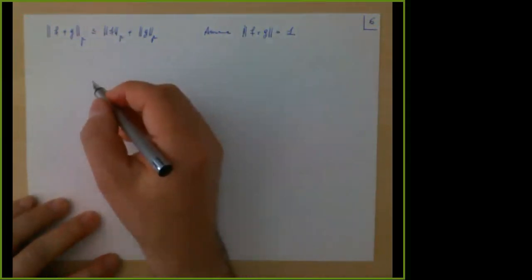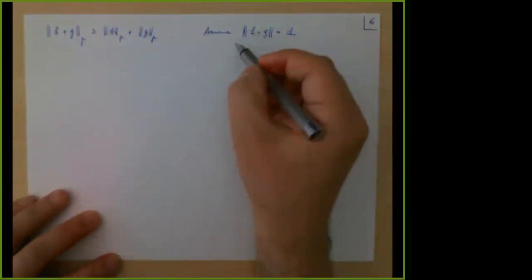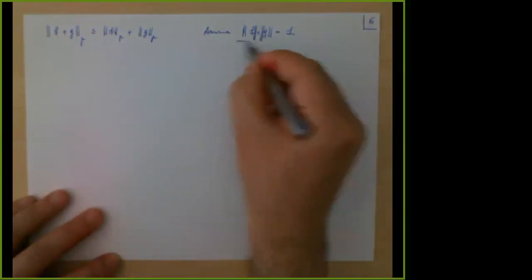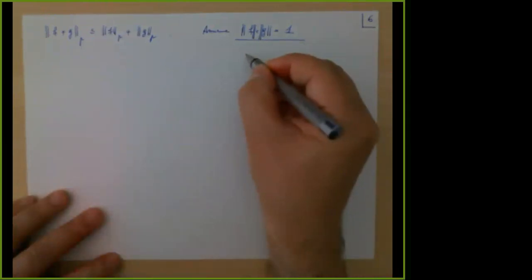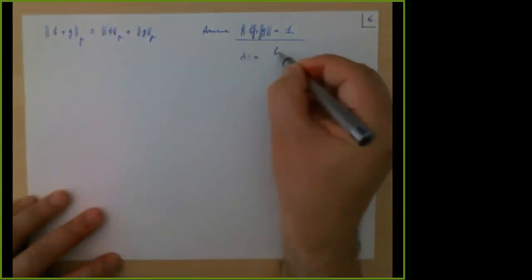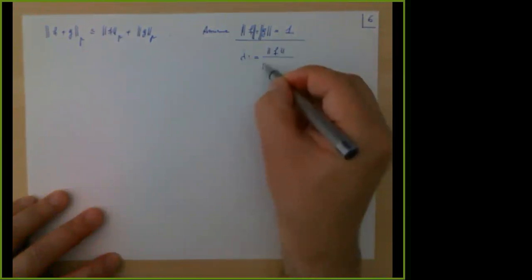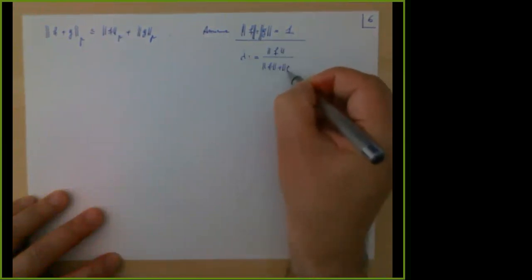And first of all, we need to insert some convexity somewhere. Sorry, by the way, I did something wrong here, because the correct one is this. So this assumption actually suggests what to do. We fix lambda equal to f over f plus g.